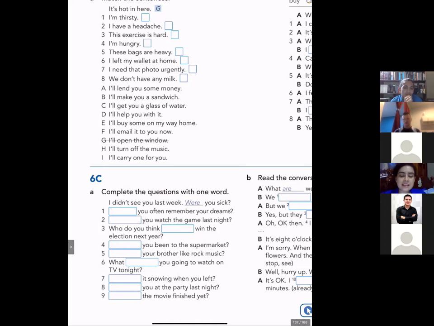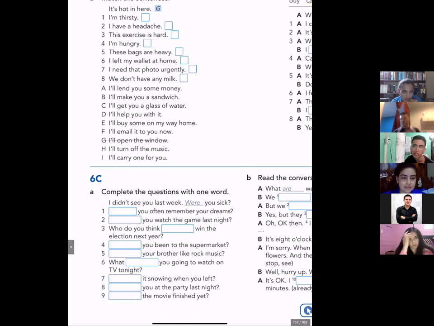Last night is for the past. But my point is not related to why we're using were and not are. My question is why be and why not another verb? Am I explaining myself?